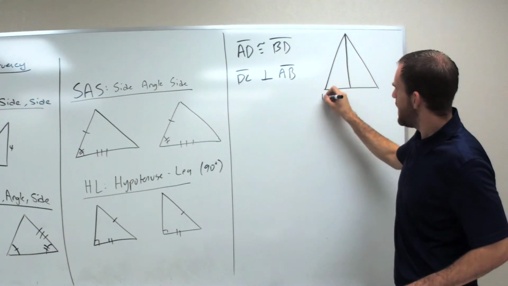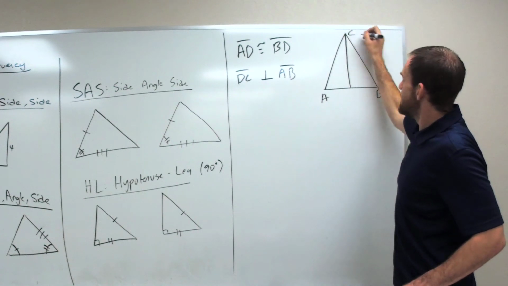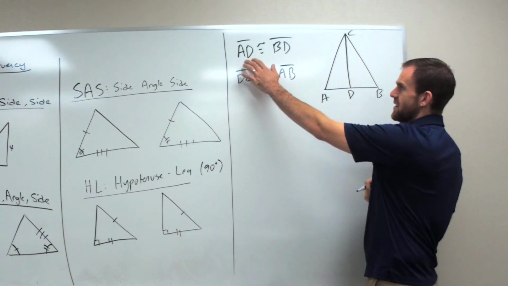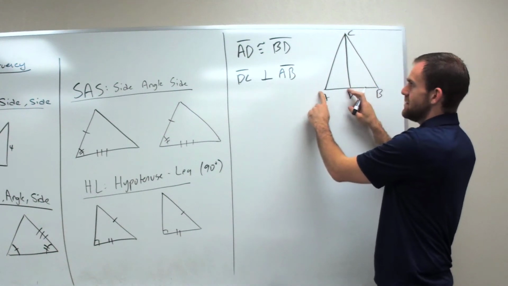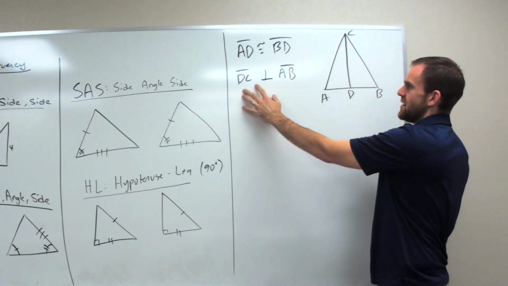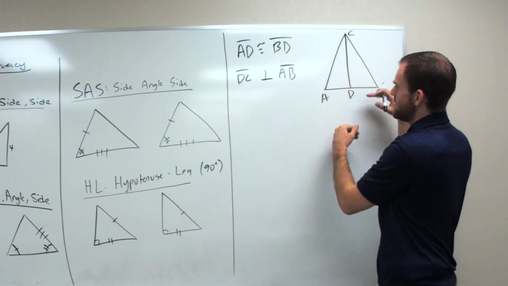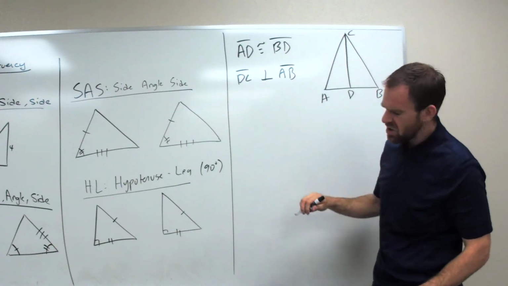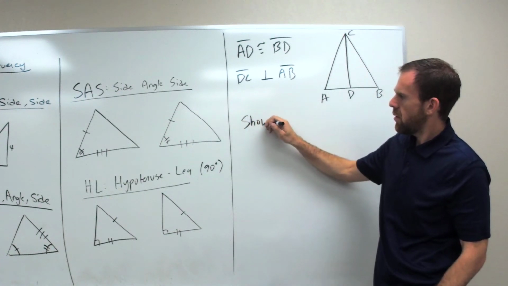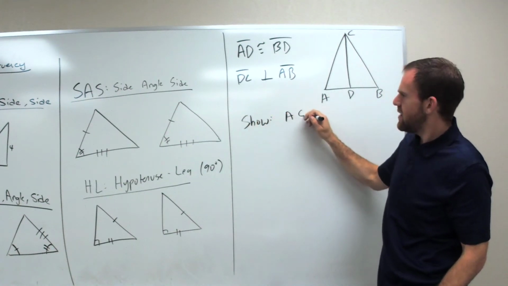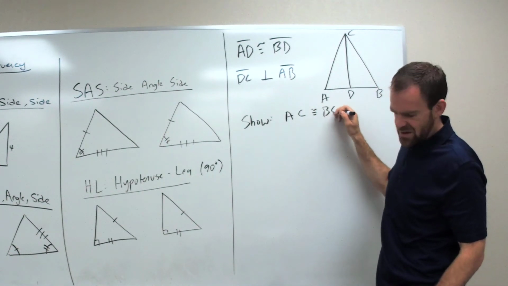So this is A, B, C, D. AD is the same as BD, and DC is perpendicular to AB. They want you to show that AC is congruent to BC.